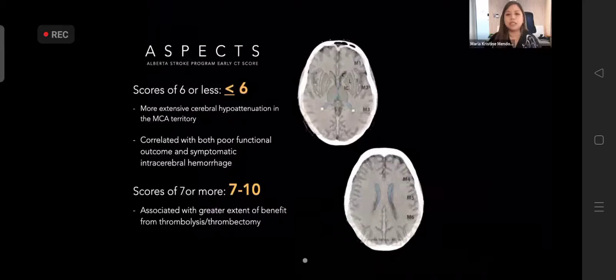Okay, it has been said that aspect scores of 6 or less, meaning there's more extensive cerebral hypoattenuation, are correlated with both poor functional outcome and symptomatic intracerebral hemorrhage. Those with scores of 7 or more may be the patients that will have greater extent of benefit from thrombolysis and thrombectomy. So this applies for both thrombolysis and thrombectomy.